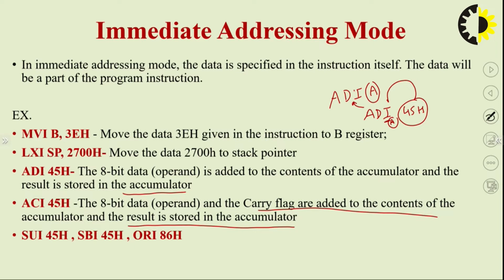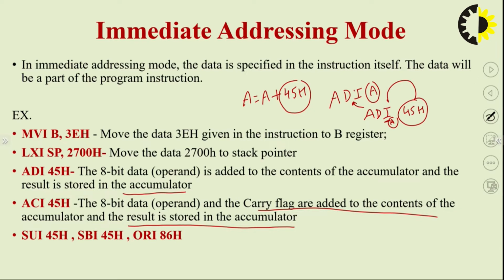Whatever arithmetic logical operations we perform, the result will be stored in the accumulator register. So if we are adding 45H into A, then A becomes A plus 45, and the contents of the source operand will never be changed. Similarly, we have SUI for subtraction.